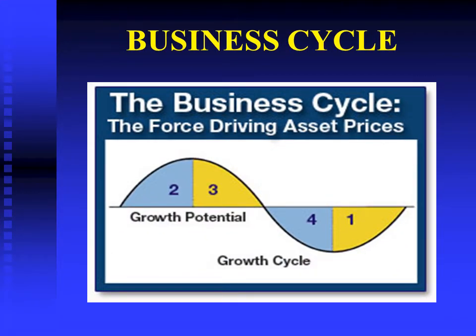The way I approach the issue is by using the concept of the business cycle. The business cycle is how the economy grows relative to its long-term potential, and I divide it into two basic periods: periods of stronger growth above potential, and periods of declining growth and growth below potential.